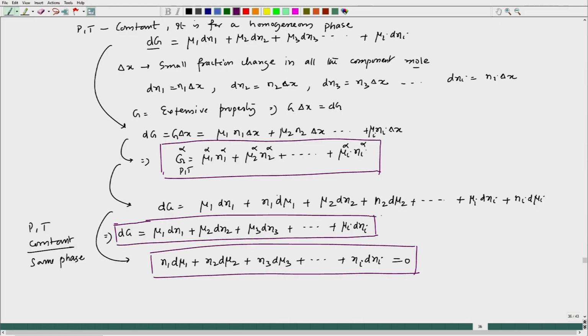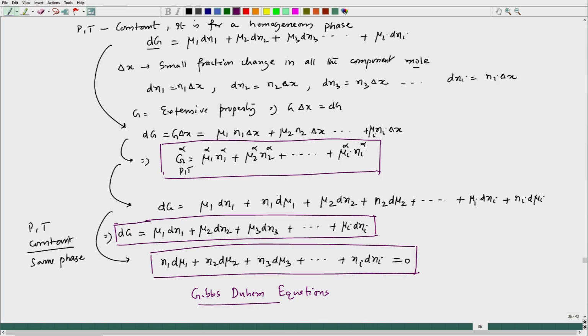So, these three equations are called Gibbs-Duhem equations. Interestingly, these equations will be used while deciding the phase equilibria between different phases in a system. Okay. So, these will be very useful, that is why we have derived these three equations.